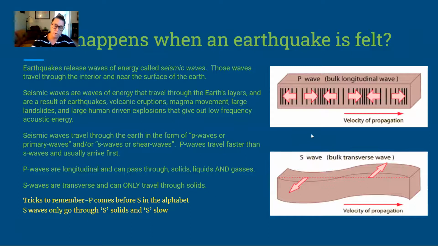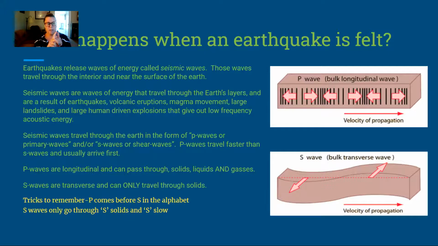S waves are very different. S stands for shear. Shear waves are your secondary waves. So P is primary, S is secondary. P waves come through first, S waves come through second. S waves are also slower.